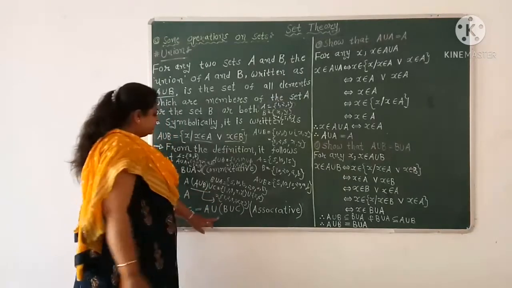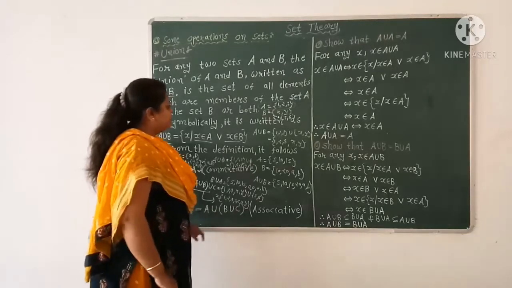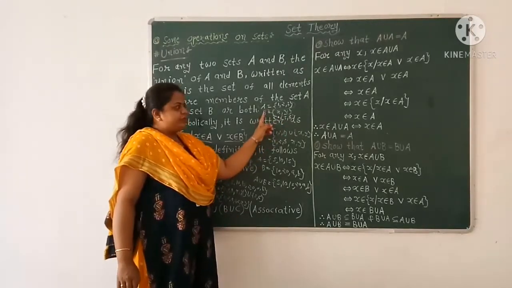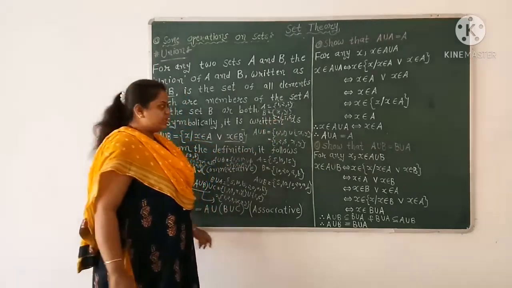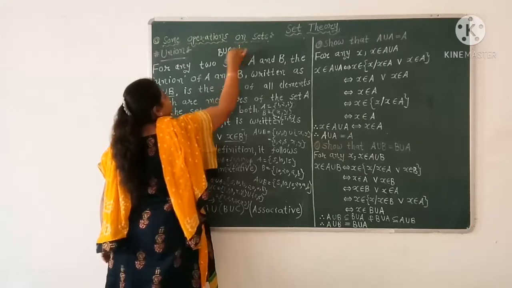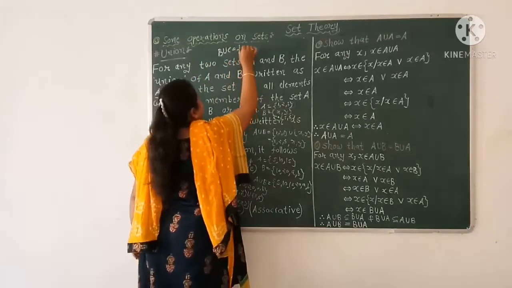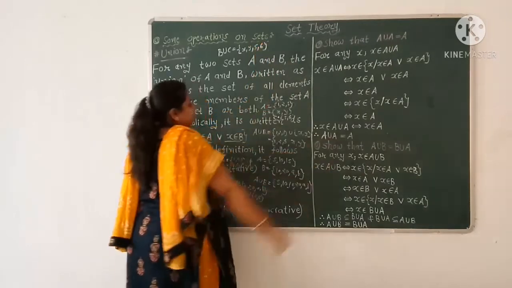Now here we need A union (B union C). So here we have B equal to {x, 1} and C equal to {5, 6}. So B union C is equal to {x, 1, 5, 6}.